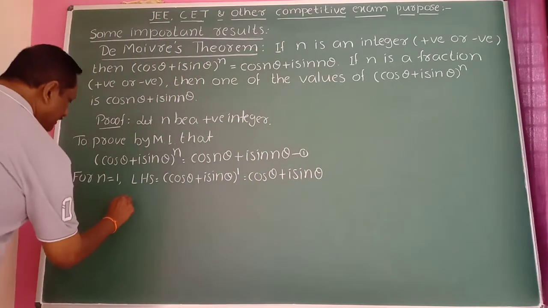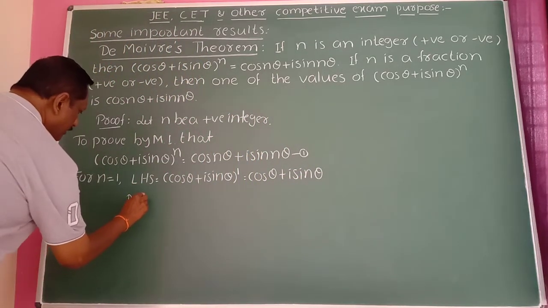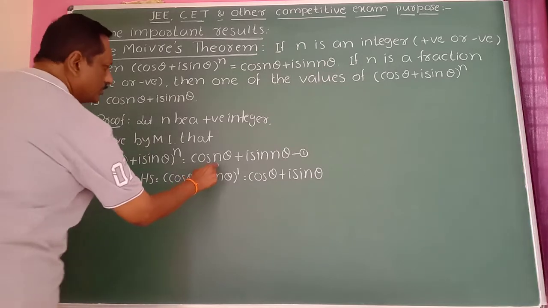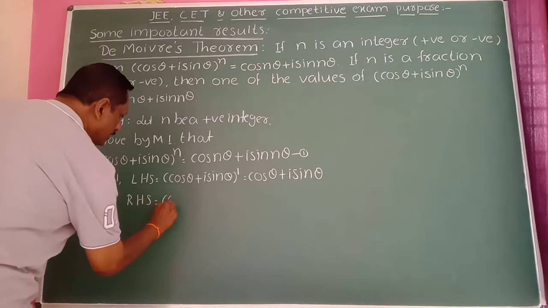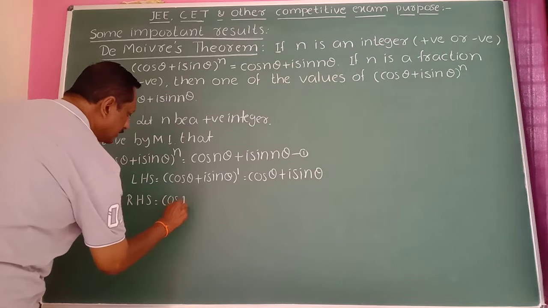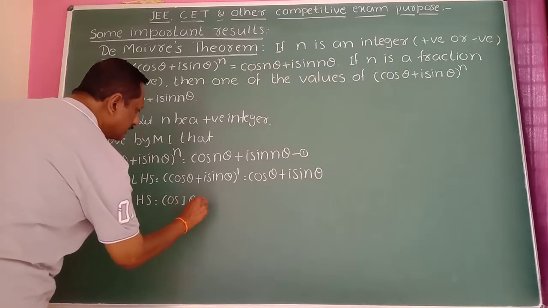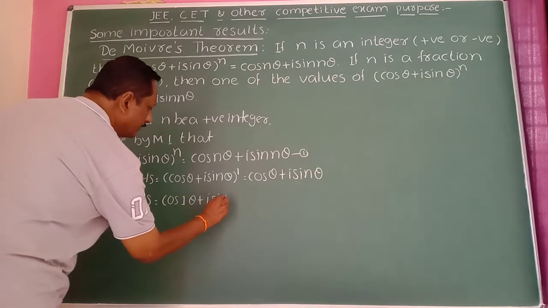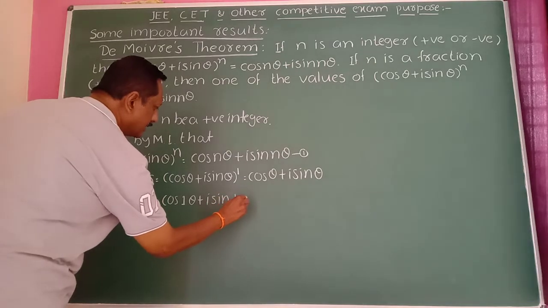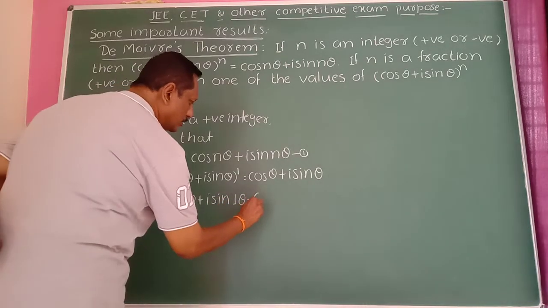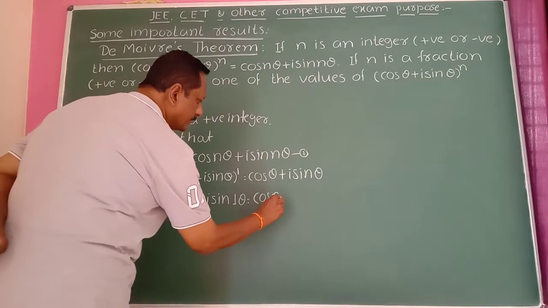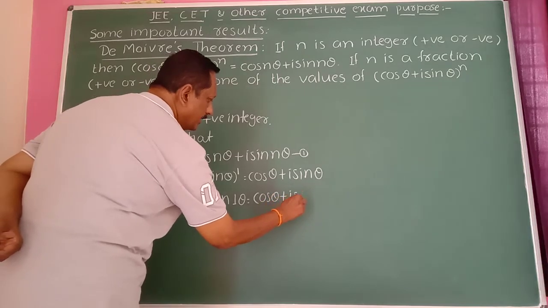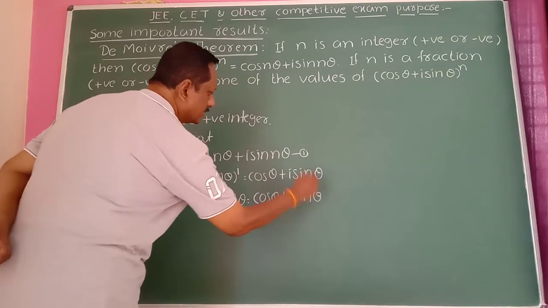Next, take RHS. Put n is equal to 1 in RHS: cos of 1 theta plus i into sin of 1 theta. That is equal to cos theta plus i into sin of theta.